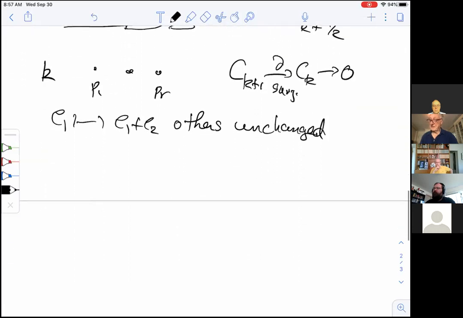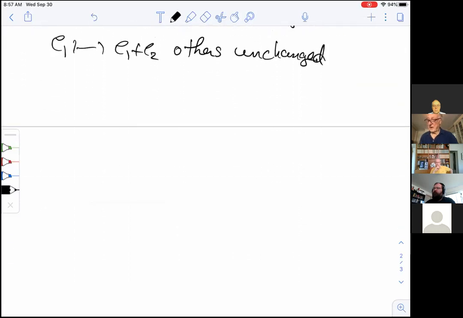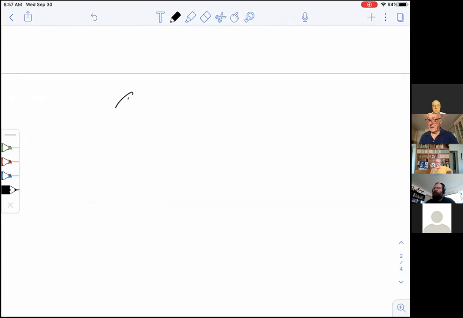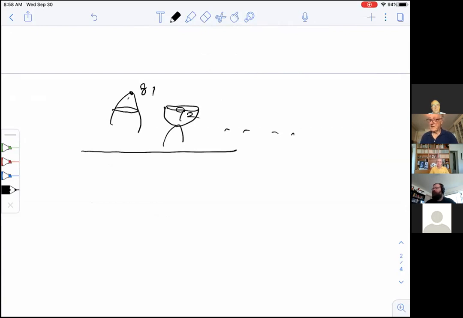Okay. So what we do is we raise Q1 up to a higher level. And then we have Q2 and all the others down here. Okay. And we look at the ascending manifold from Q2 and the descending manifold from Q1 at some intermediate level.